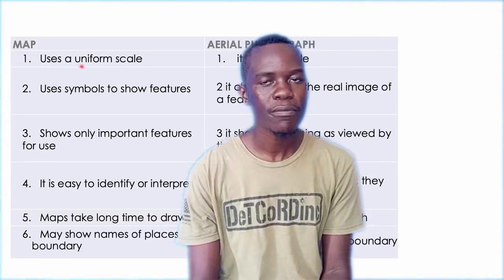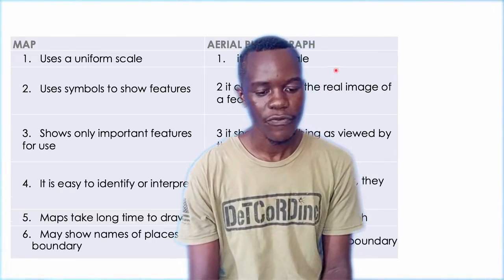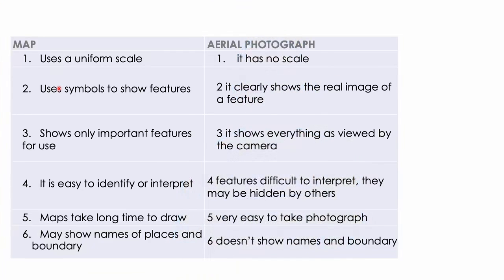So if you want to draw a map, you draw a map using a scale, while the photograph, you don't draw it using a scale. Number two, the map uses symbols to show features, while an aerial photograph shows the real image of features.